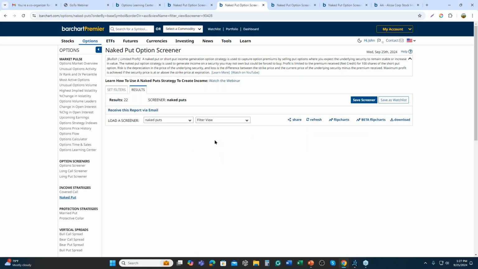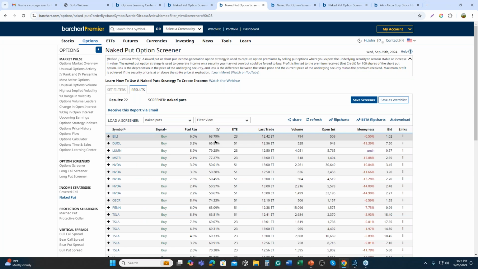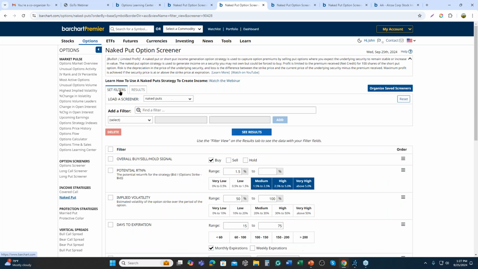The other thing that I might look at is I might change my parameters of what I feel is a minimal acceptable return. I could look at, for instance, implied volatility. Now, the theory behind implied volatility is the greater the implied volatility, the pricier the puts become.